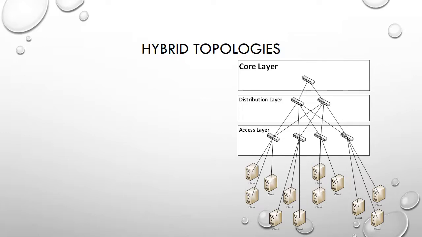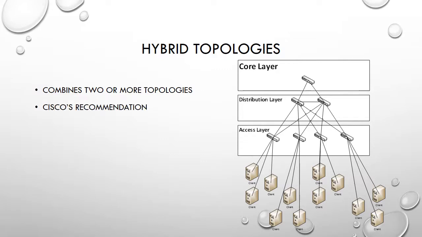Alright, now I told you we'd come back around to hybrid technologies, and this is where we're going to do that. Hybrid topology combines two or more physical or logical topologies. To the right is a diagram of Cisco's recommendation for business LANs.